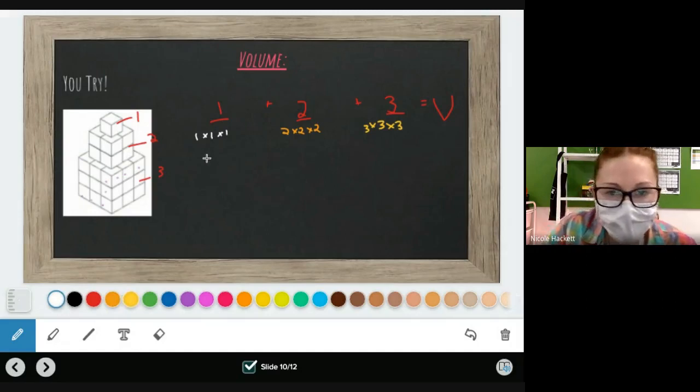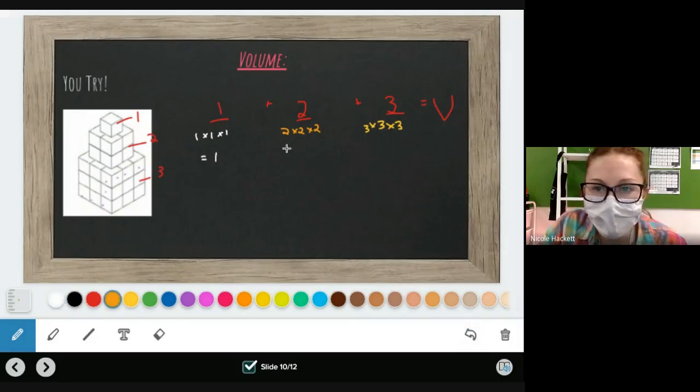So for this one, we have 1. For this one, we have 2 times 2 is 4, 4 times 2 is 8. And on our last one here, 3 times 3 is 9, 9 times 3 is 27.